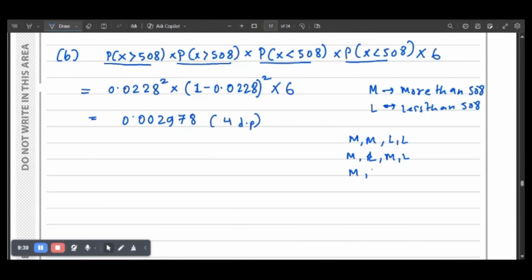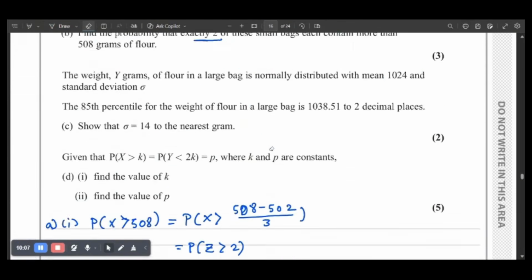Another one is this. Another one is this. Another one is this. And the last one is this. These are the six combinations possible. So this concludes our part B.